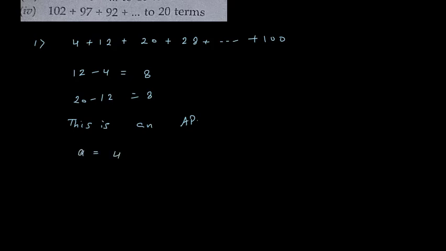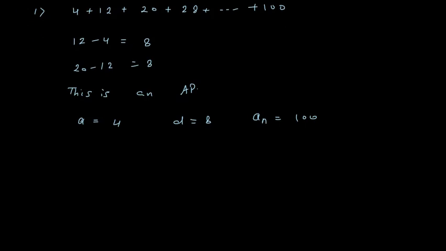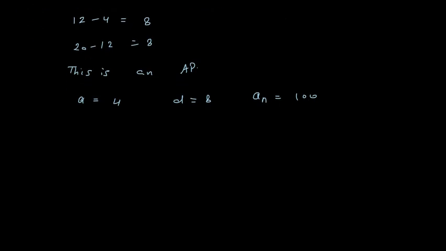First term is 4, common difference is 8, and the last term, that is an or l, is 100. We have to find the sum of n terms, so Sn is equal to n divided by 2 into a plus an.